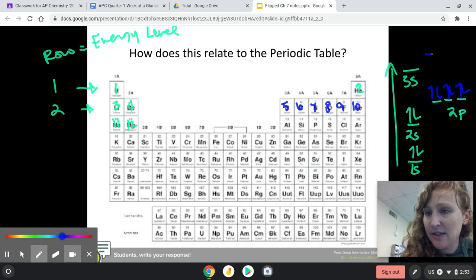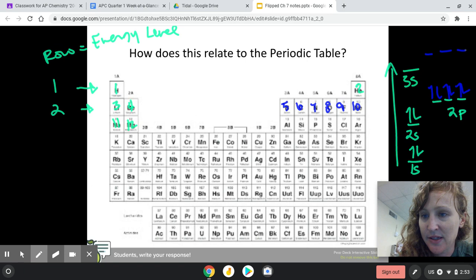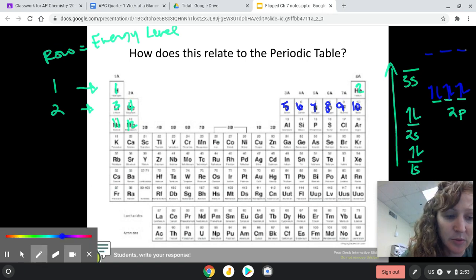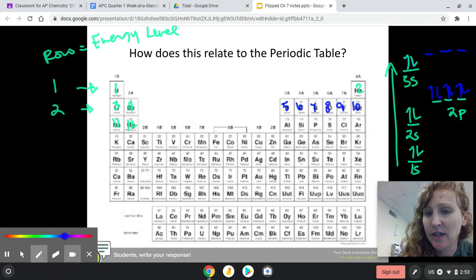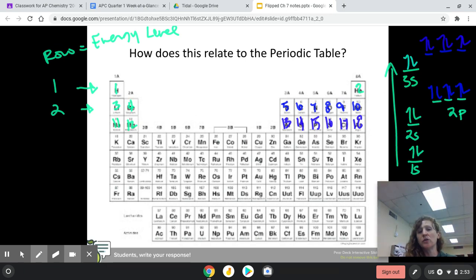And electrons, oh, I forgot to put them in my orbital diagram. There we go. Okay, electrons 13, 14, 15, 16, 17, 18 are going to be in my p orbital. Okay, so hopefully you start to see a pattern.